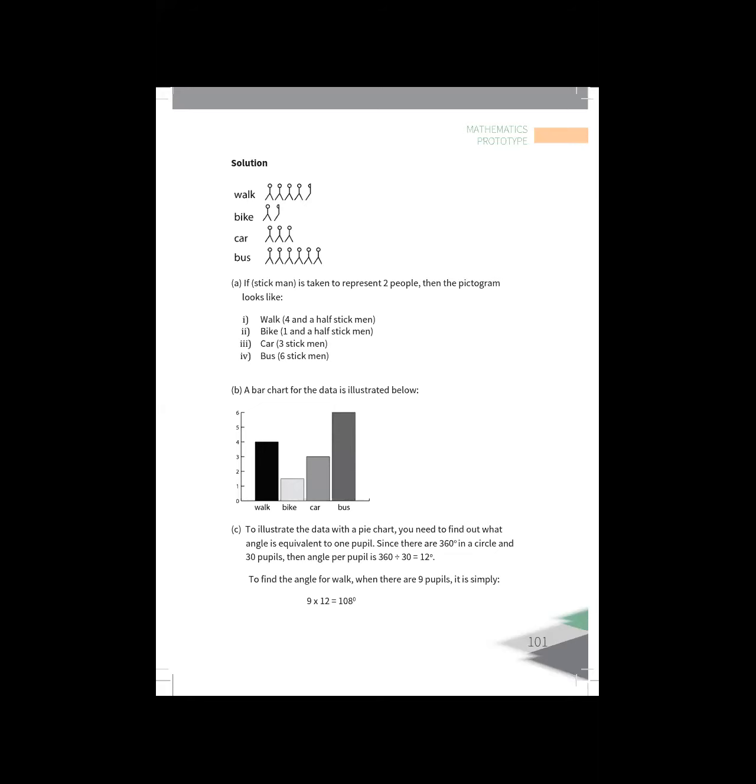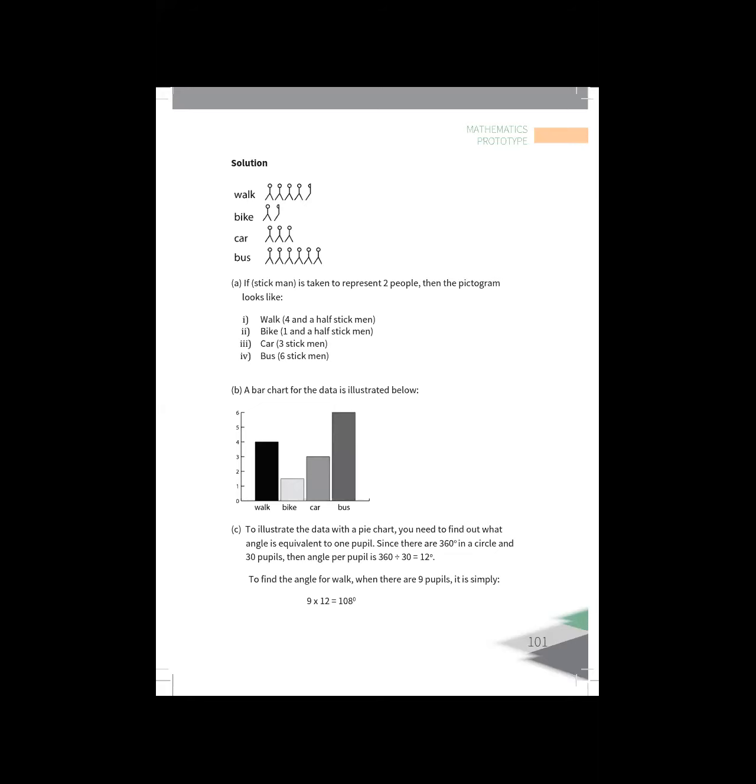You're also going to get 9. Then for the bike, 1.5 stickmen, you're going to get 3. For the car, you're going to get 6. Then for the bus, you're going to get 12, using the shorter method of just labeling on the table.